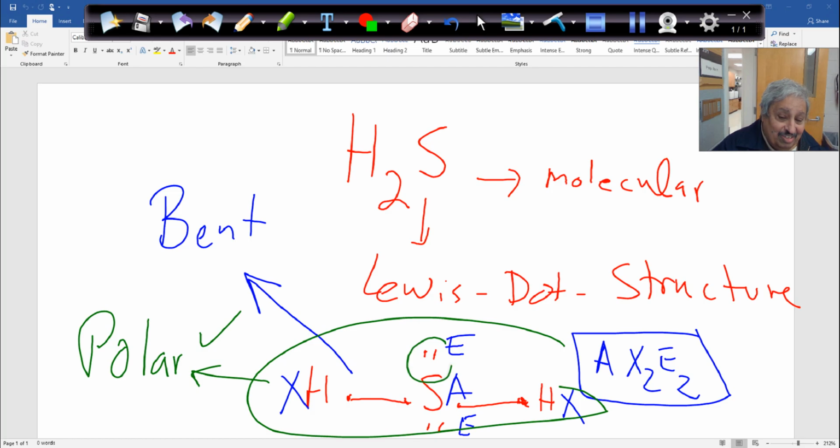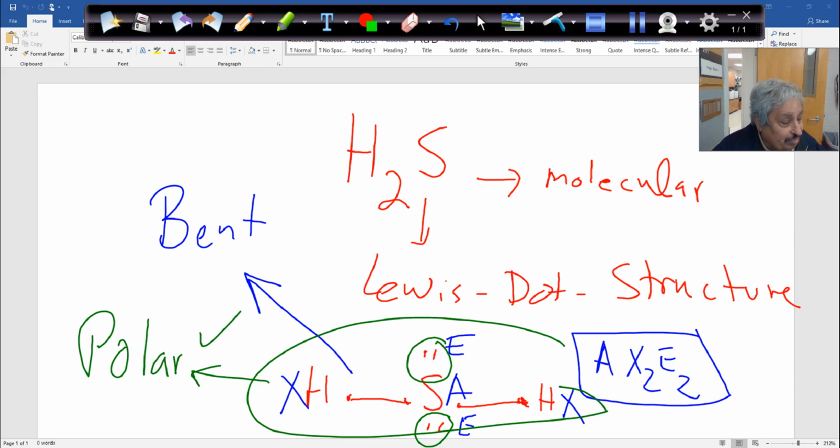Anytime a central atom has a lone pair, blindly, without even looking at any other rule, this molecule has to be polar. That's the rule.